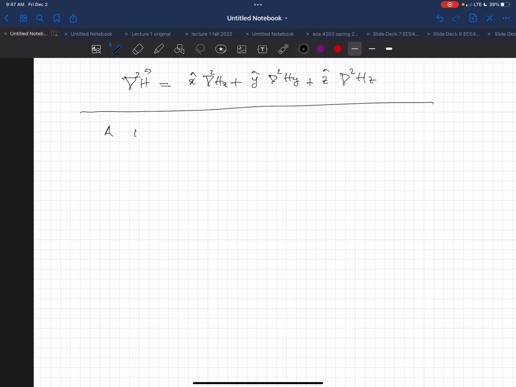So a few notes. Del is the operator, and it can operate on a vector field.